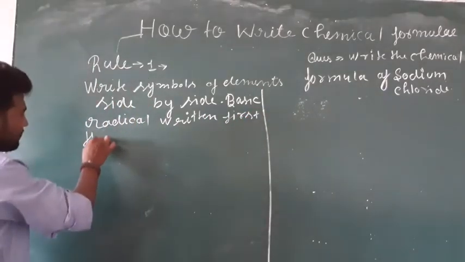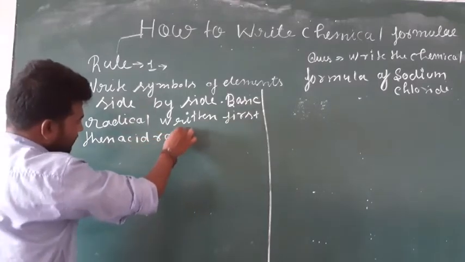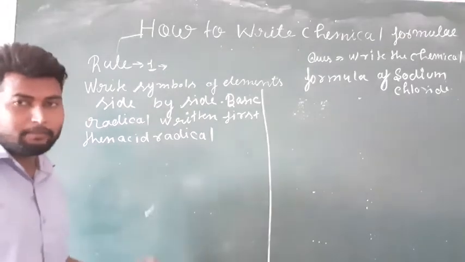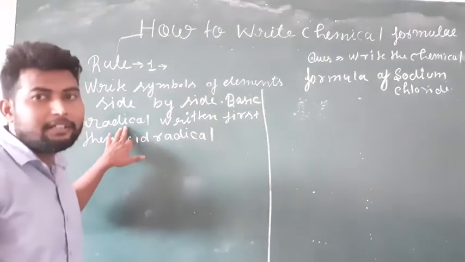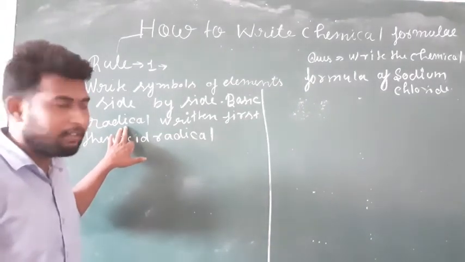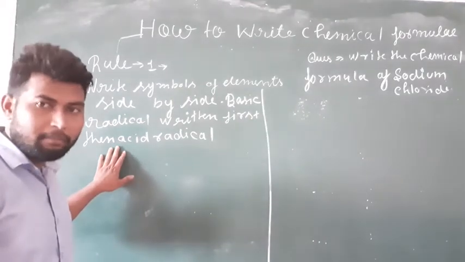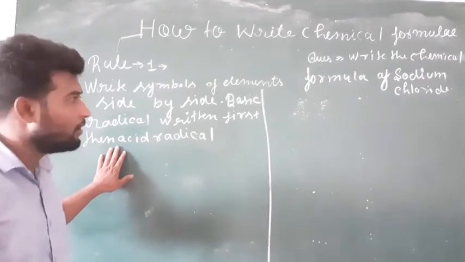So metals you always write on the left side. Acid radical means non-metals, and non-metals you always write on the right side.